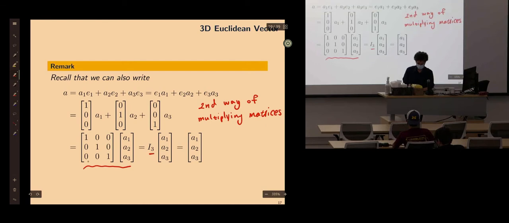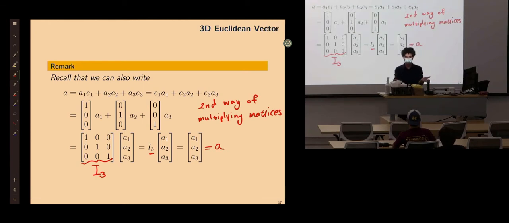Now we recognize that this is the identity matrix of size 3. An identity matrix times a vector will just leave us with the vector itself, okay? Now this looks useless, but why is it important? Because it gives us insight into the directions that we're looking at.